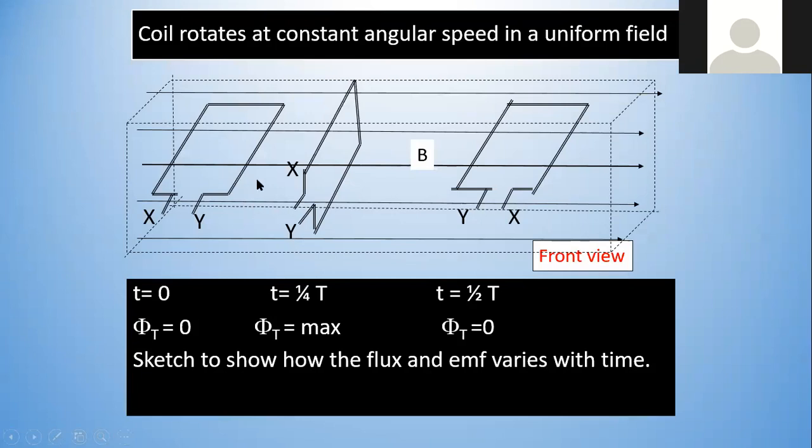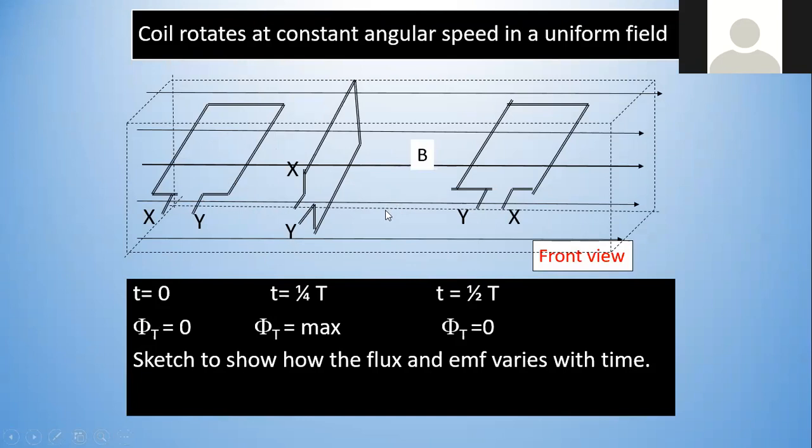Okay, I'm trying to help you see that this is horizontal. The coil is horizontal at time t equals 0, so the flux linkage is 0. No area, 0 area.